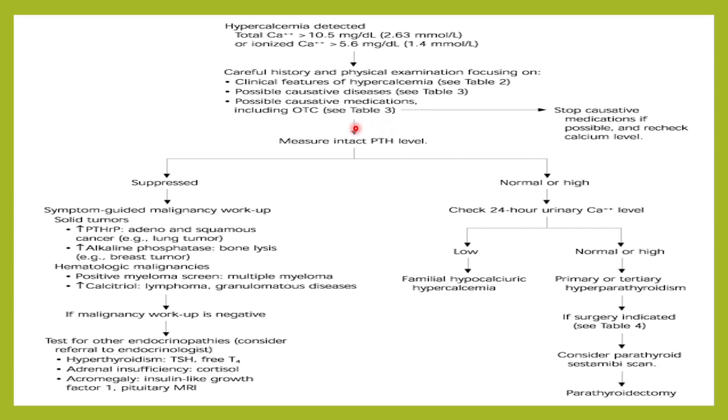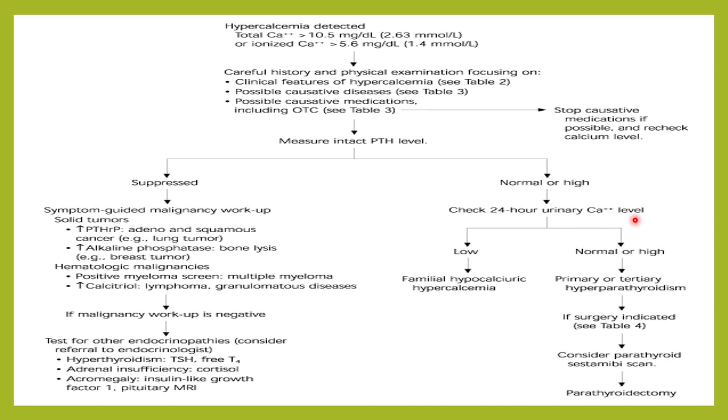Later, if the patient was on any kind of medication like thiazides, vitamin A, vitamin D, we will have to recheck the patient after some time. We have to recheck the calcium at a later date. And we also measure the intact parathormone level. This parathormone level can be normal or high.